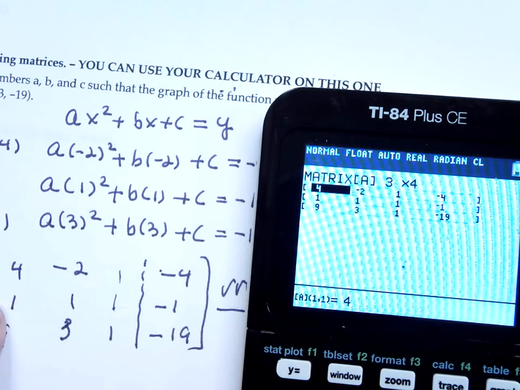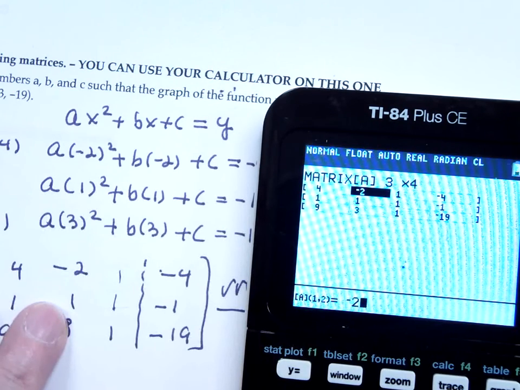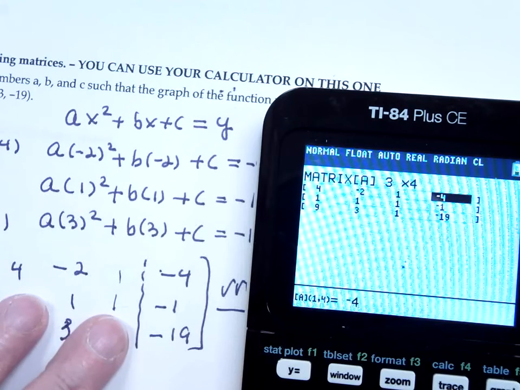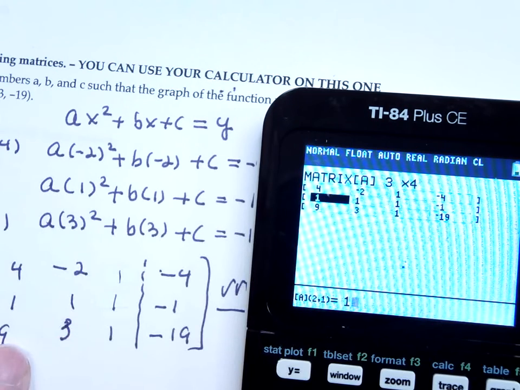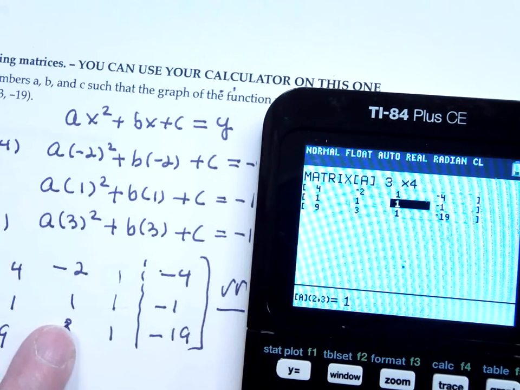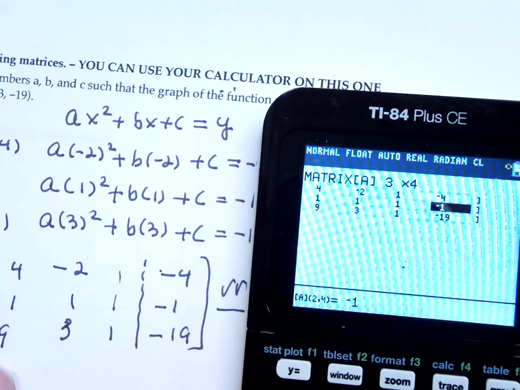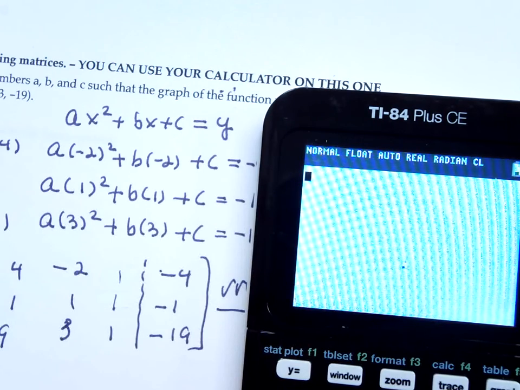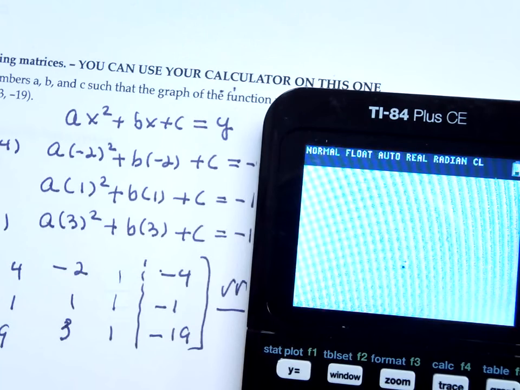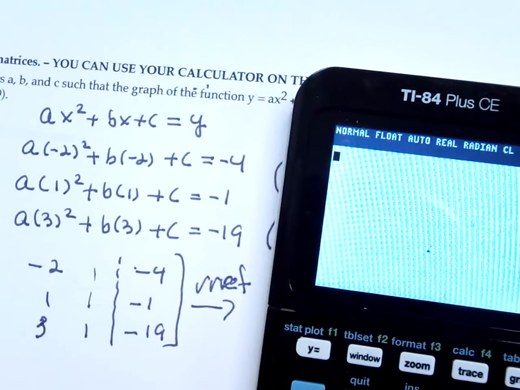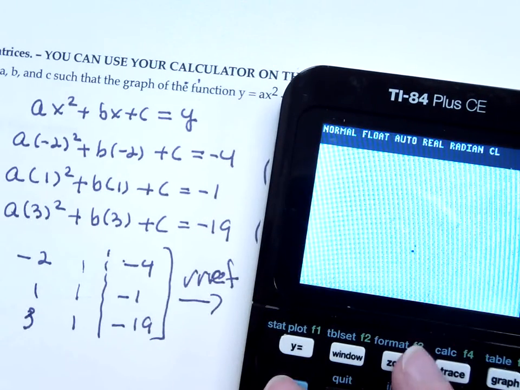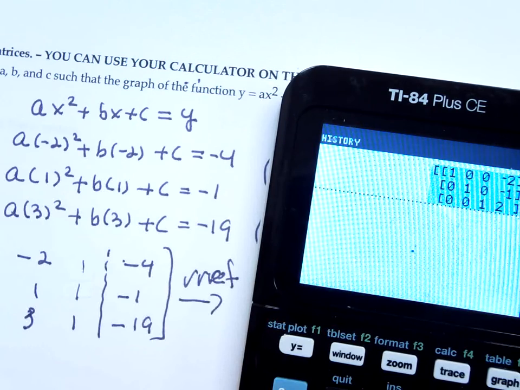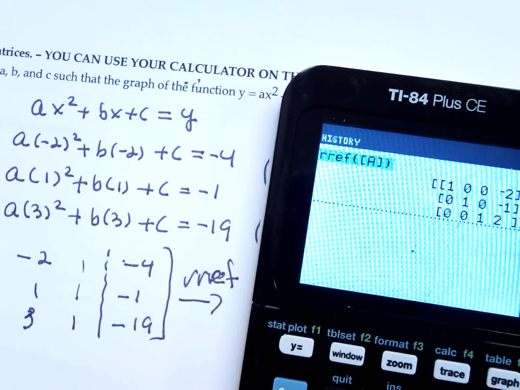So type in the numbers: 4, negative 2, 1, negative 4, 1, 1, 1, negative 1, 9, 3, 1, negative 19, and then come back to the home screen, and now I need to do an RREF on that matrix. If it's in your calculator already, you can pull it down if you've done it for practice.